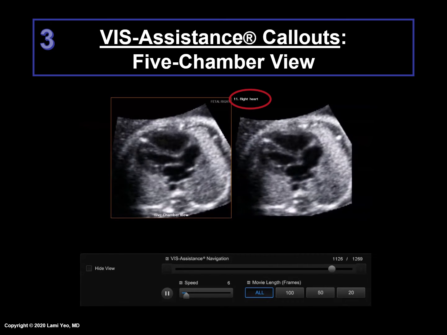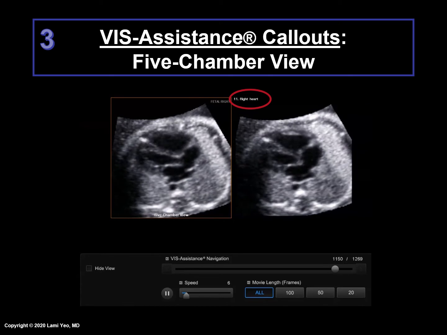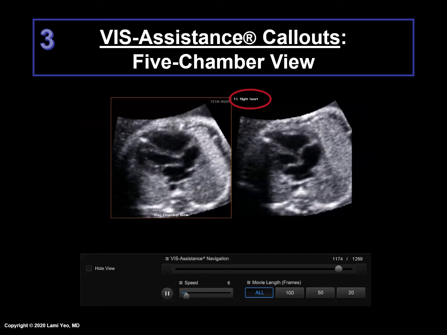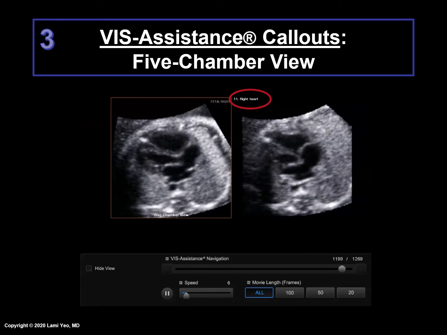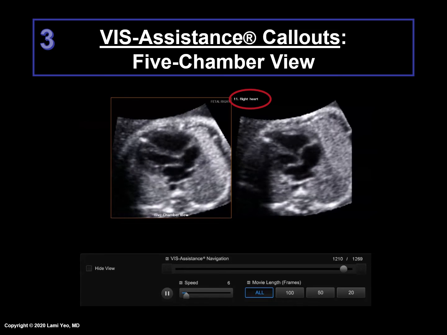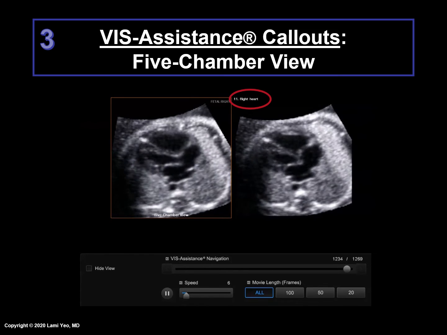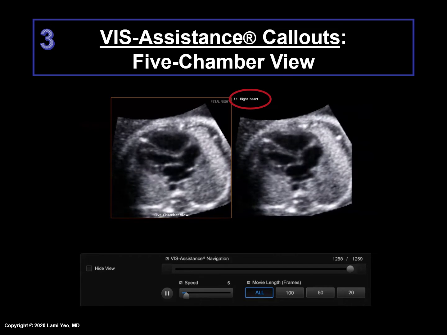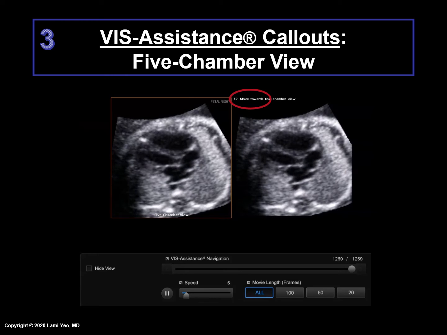The 11th callout states Right Heart and will emphasize the right side of the heart along with the tricuspid valve. And the last callout, number 12, states Move Towards Five-Chamber View and will show the five-chamber view briefly before the VISA video clip ends. And the number 12 callout is shown right here.